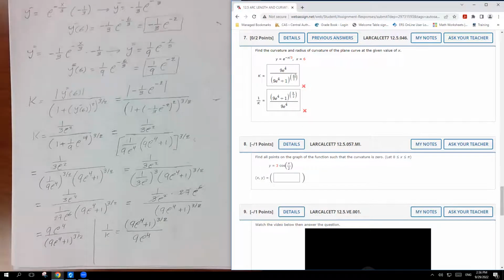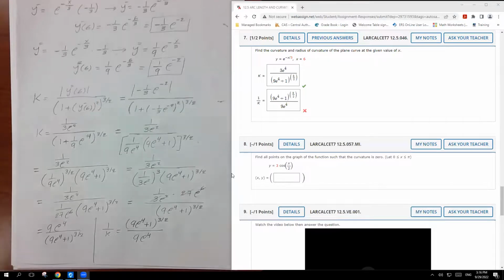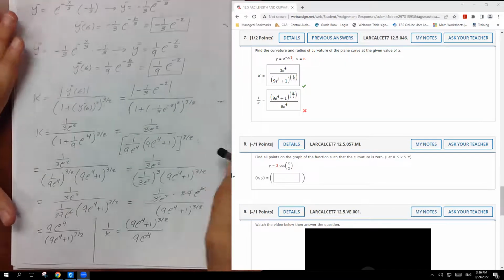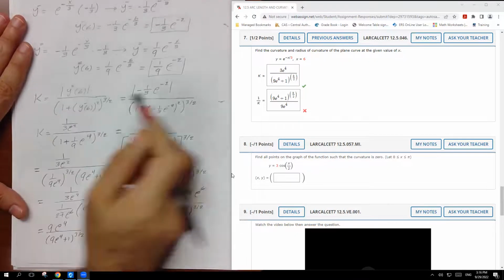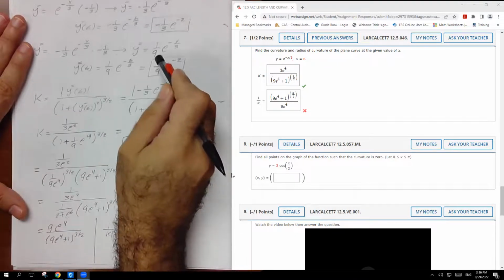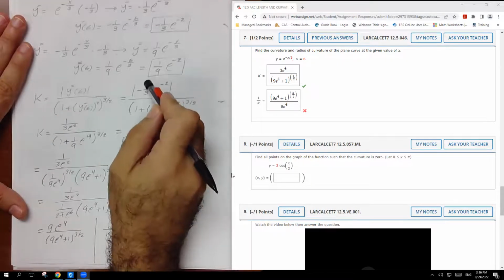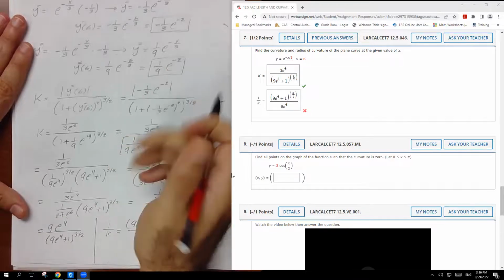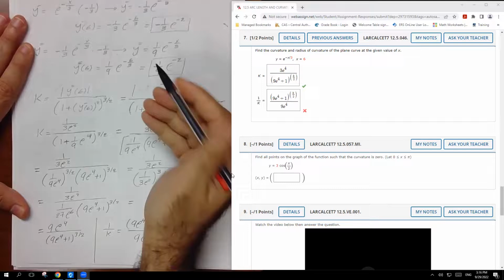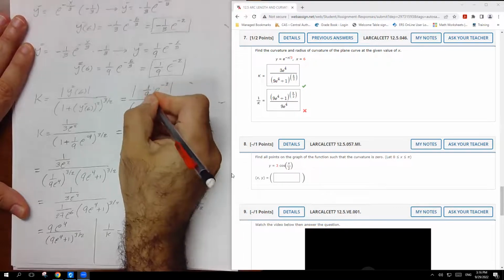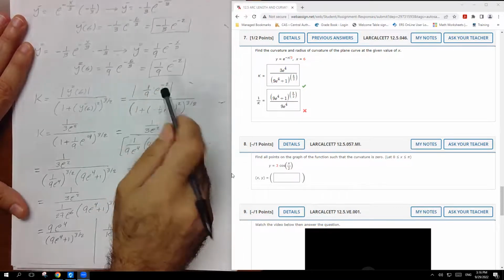Let's check. Did I type 3? Select another 3. Here's the wrong thing I did. I was looking where is the wrong thing. When I plug in, y double prime is not 1 over 3. It's 1 over 9. So this one is 1 over 9, and keep going.